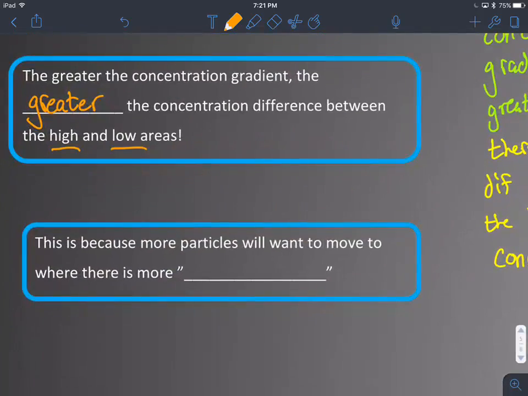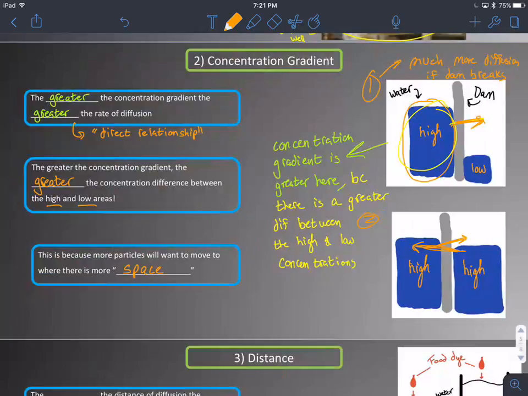And this is because more particles want to move where there is more space. Now, this isn't the most scientific term in the world, but it conveys the idea that particles in an area of high concentration always want to move to an area with a lower concentration. That is, there's more space for them to move around.